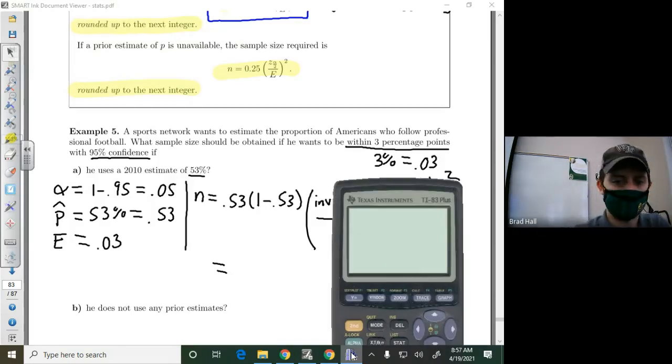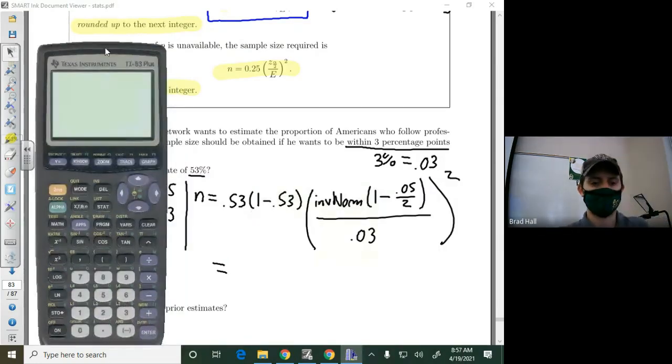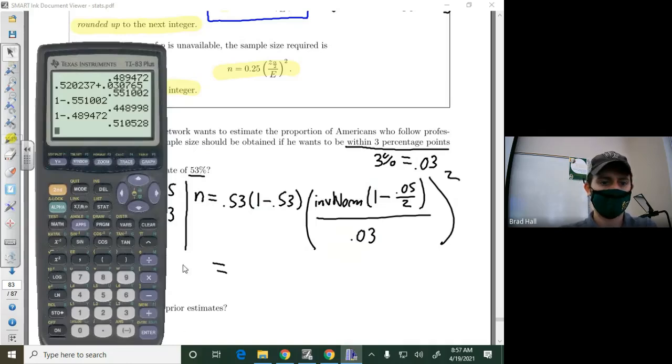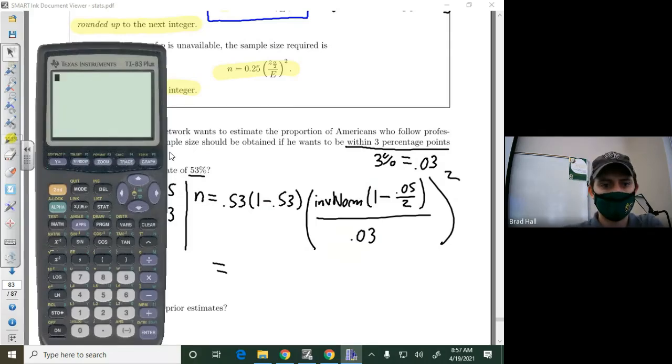I'm going to plug it straight in. 0.53, 1 minus 0.53, close parentheses, open another parentheses. Now I need inverse norm. So go find inverse norm. 1 minus 0.05, oops, 0.05 divided by 2.